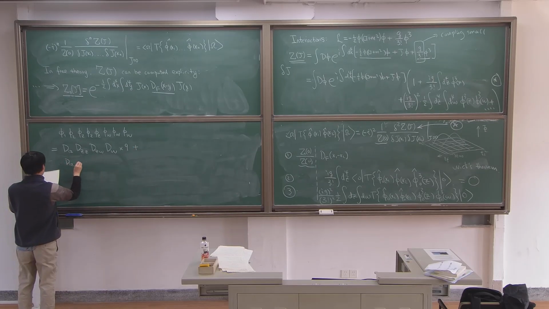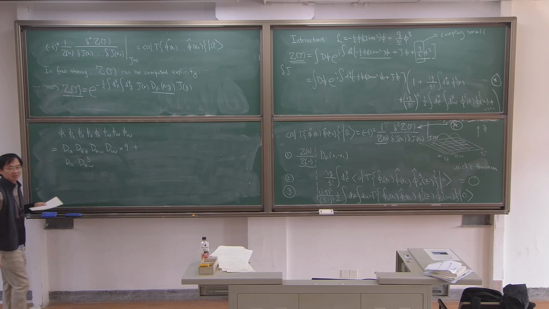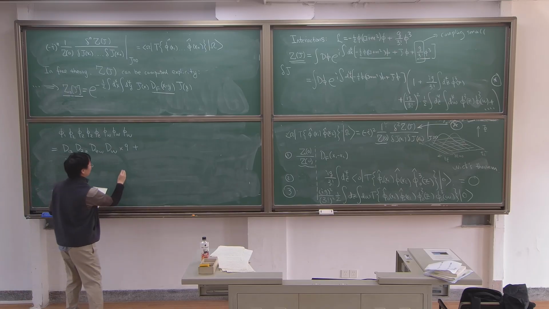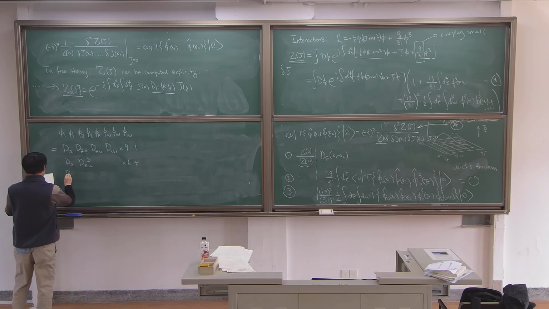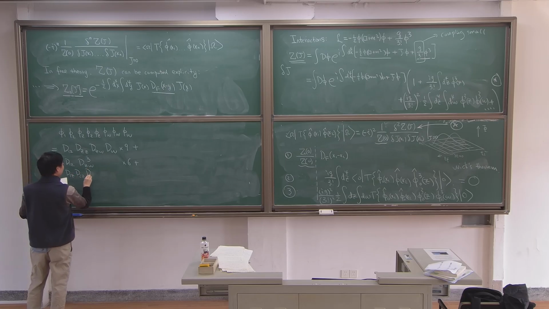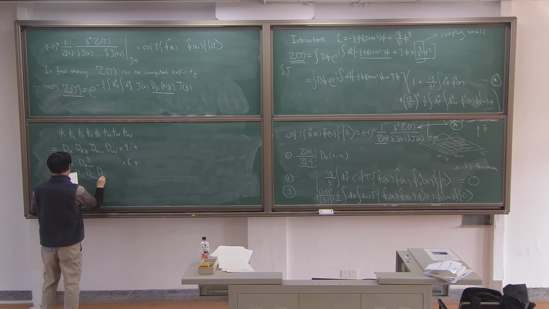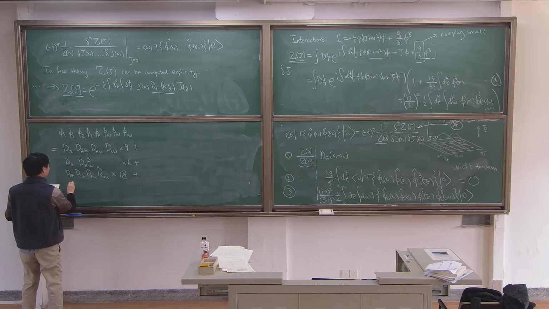For example, 1, 2, and Z2W, but 3 times. How many contractions for this? We don't have time, so let's give the result. You have 6. Now you actually have many. This is a very interesting counting problem. So for this one, you get 18. There are a few more.